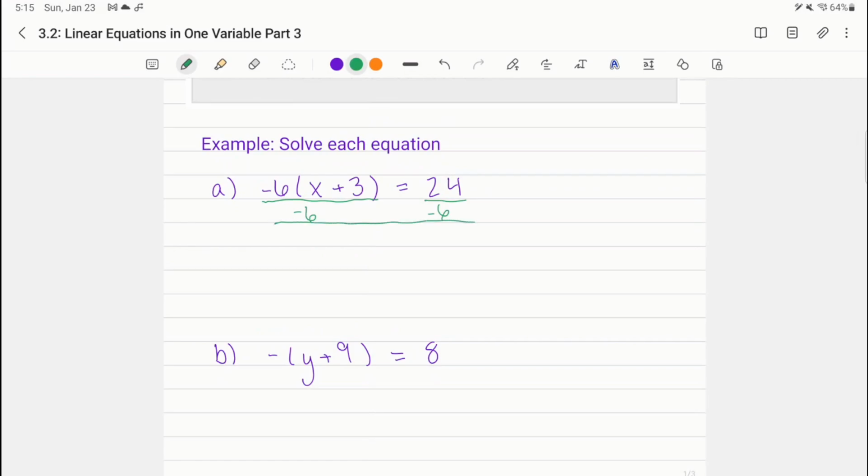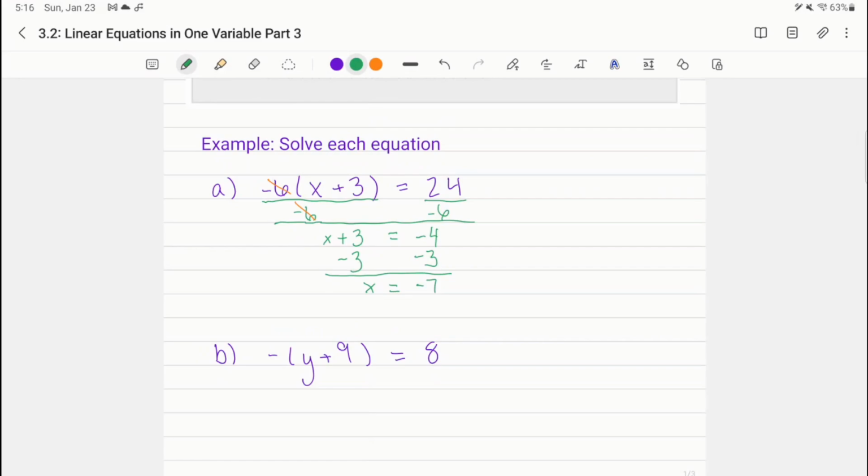The reasoning is that the negative 6 will cancel on the left-hand side, leaving us with x plus 3. And actually the parentheses aren't needed anymore because there is no number outside of them. And then 24 divided by negative 6 is negative 4. Then I just need to subtract 3 to solve for x. So x equals negative 7.